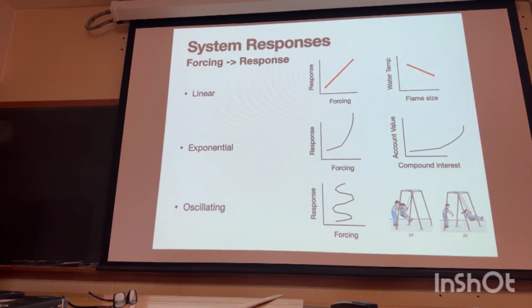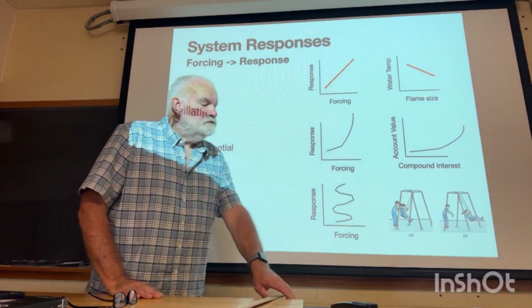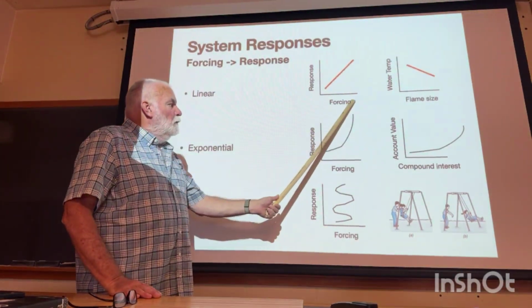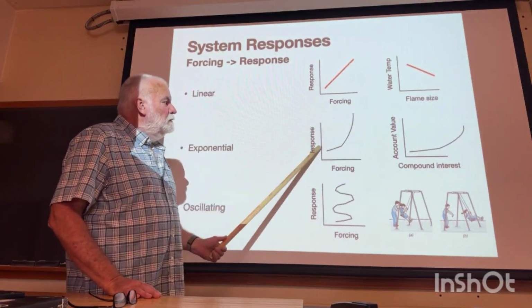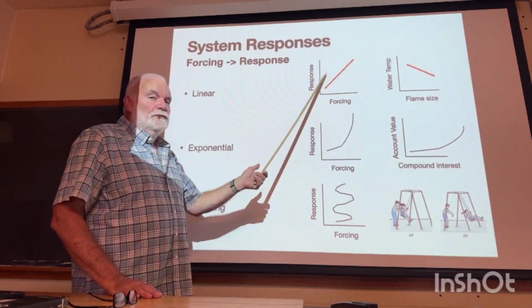If we plot those systems over time, they have certain characteristic shapes and configurations, and that's what I want to expose you to in an abstract sense today, because it applies to two or three of the systems we're working on. The general thinking is this. We have two axes here, and this is our forcing, and this is how the system responds.